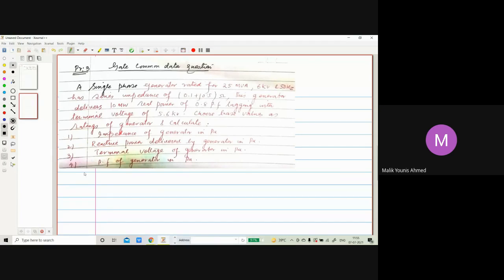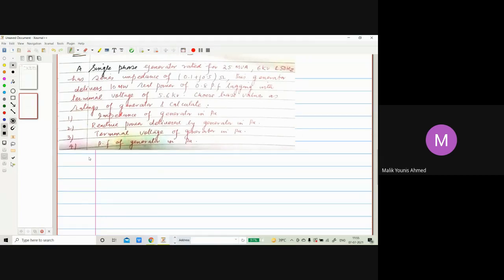Before going to the solution of this numerical, let me draw the diagram first.